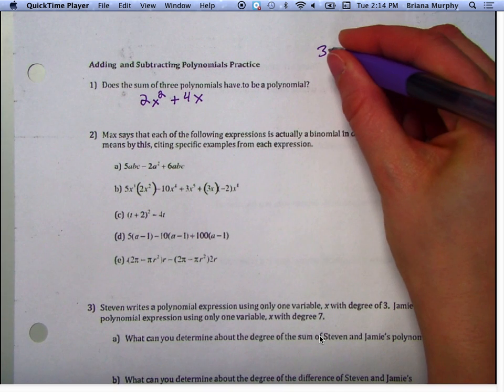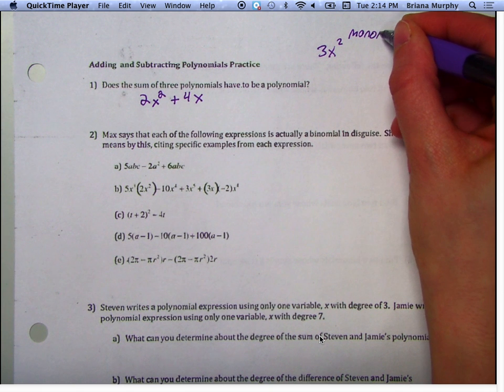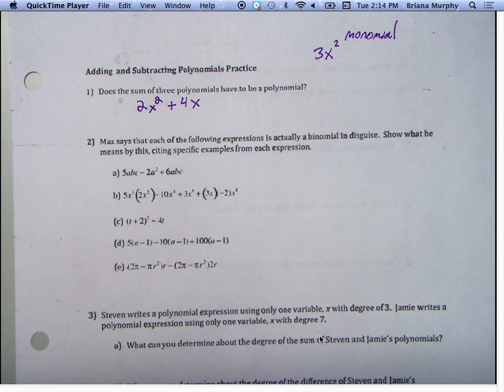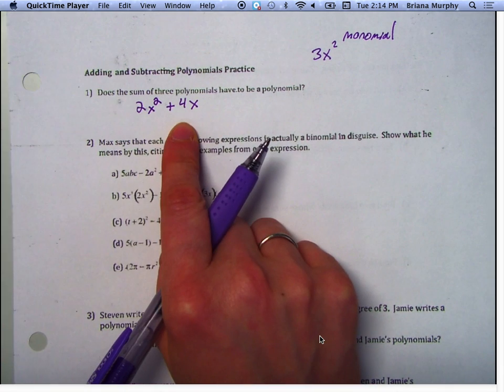This is a monomial. This is a polynomial. Polynomial means it has more than one. So if we had the sum of 3 different polynomials, do you think it would have to be a polynomial at the end? Or it could be a binomial, meaning there are 2.